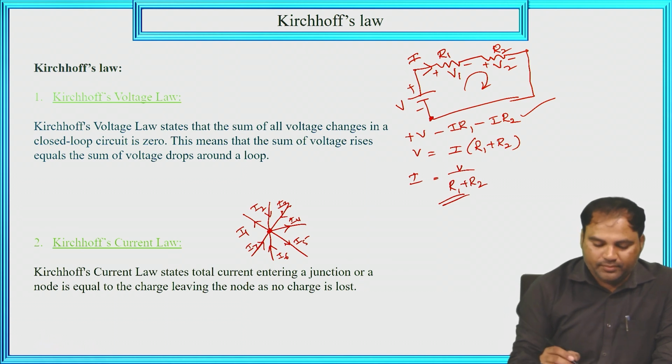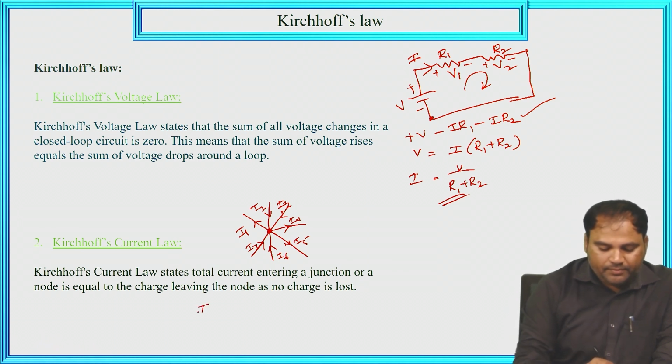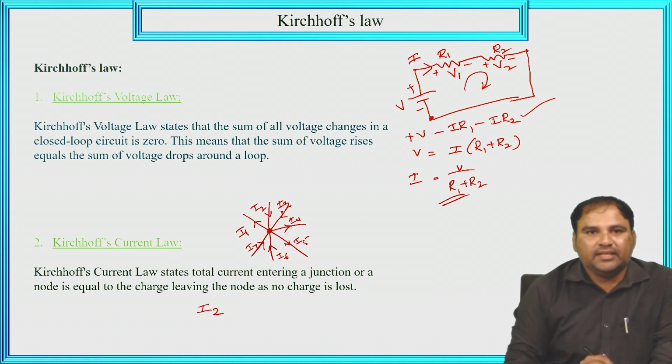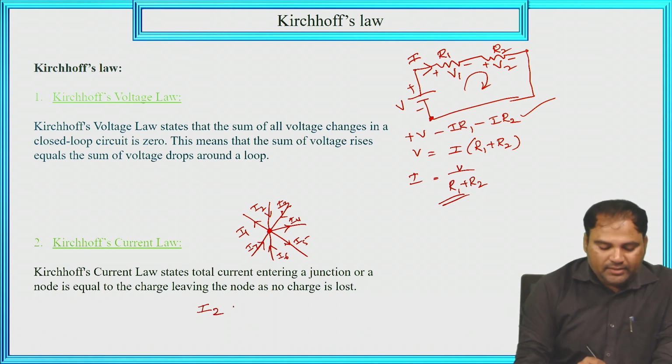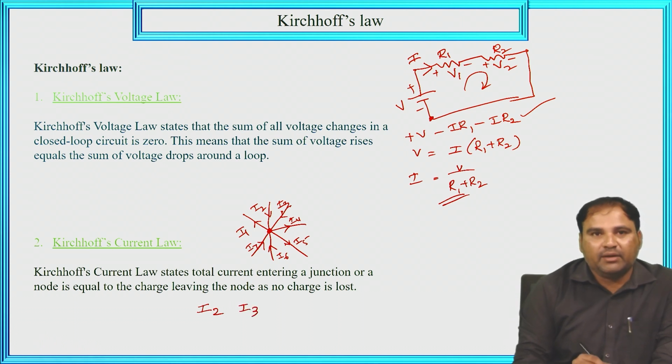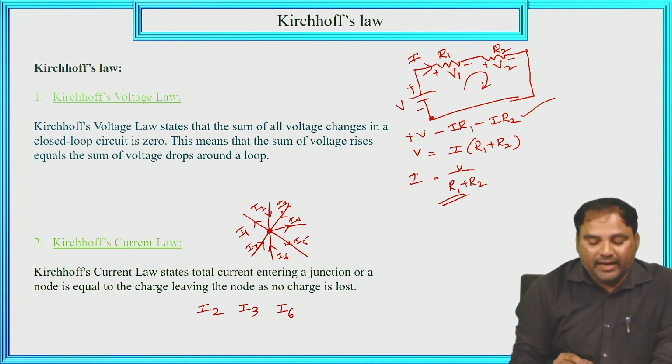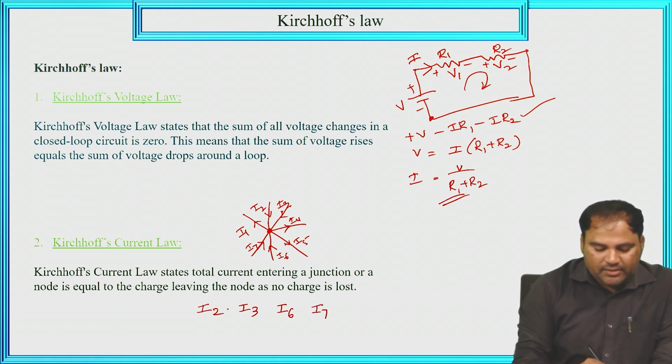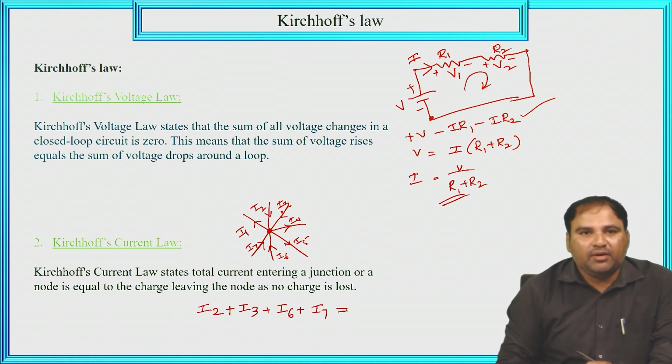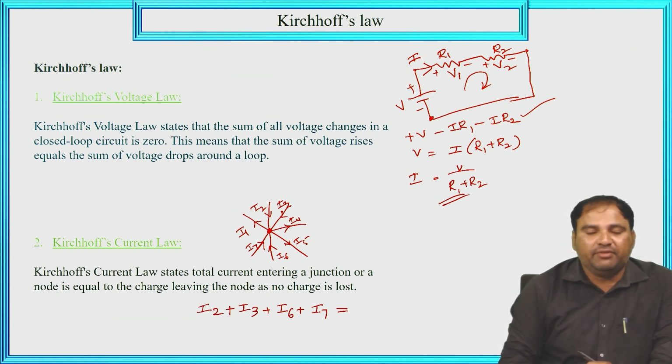I2 is an incoming current, I3 is an incoming current, I6 is also an incoming current, and I7 is also an incoming current. Algebraic sum means we have to add them with a plus. So I2 plus I3 plus I6 plus I7 equals the algebraic sum of the outgoing currents, meaning those leaving the node point.